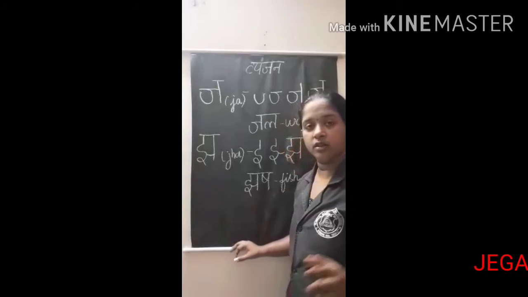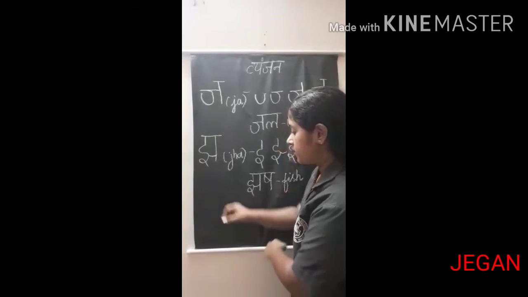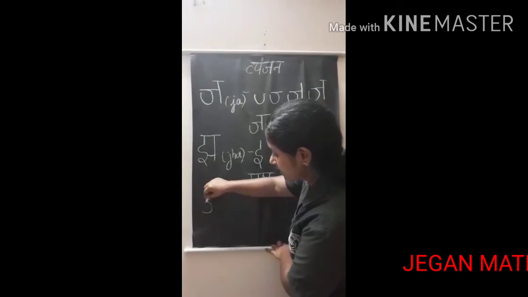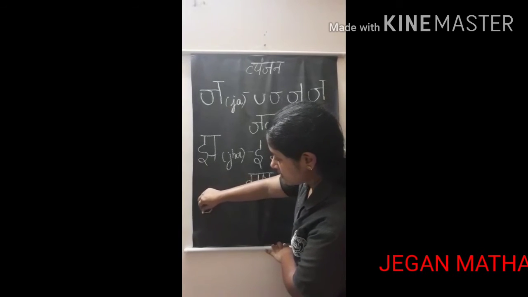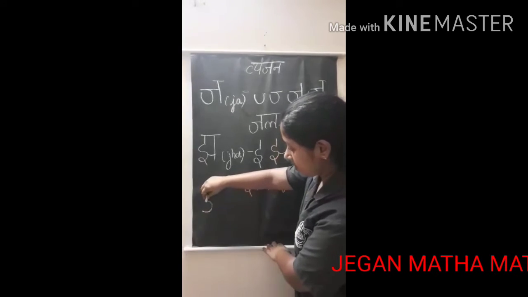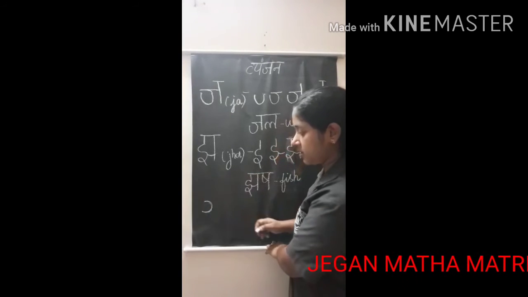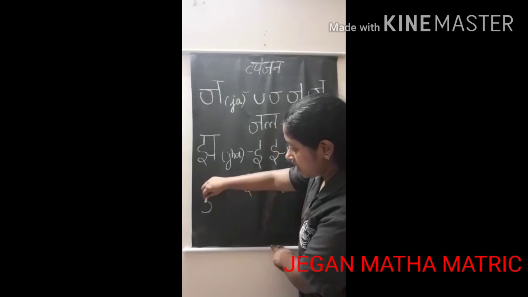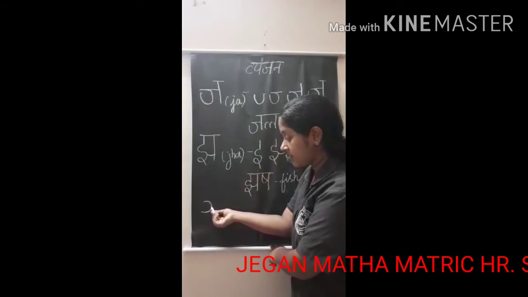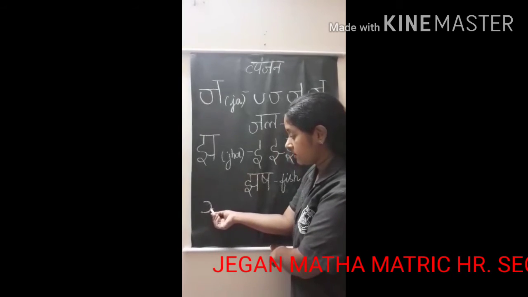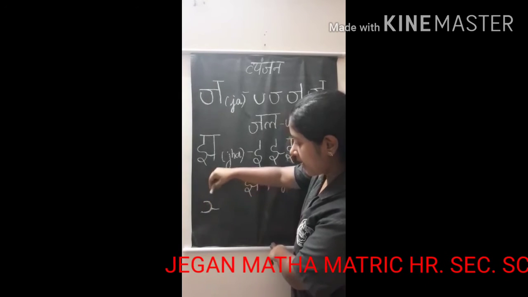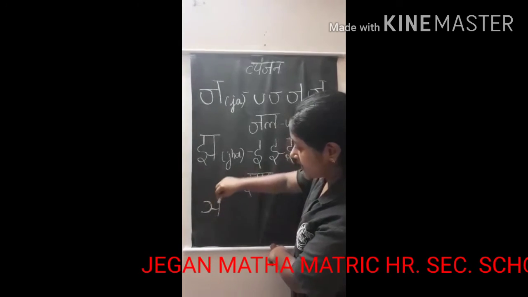Now let's see the vyanjan nya and how to write it. You have to draw one curve like this, towards the right side. In the middle of this curve at the left side, you draw one line and one straight line.